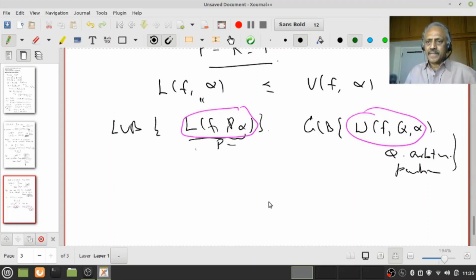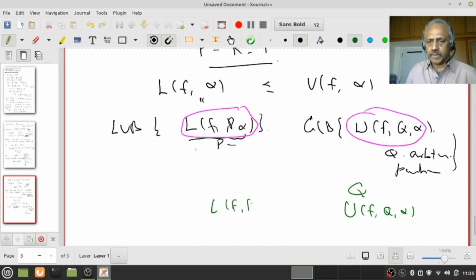This is more general for LUB and GLB. Again, I might have done it in the video on upper bounds and lower bounds, but I will go through this in this context quickly. Fix one Q. Let us look at U(f, Q, alpha). For every P, we know that L(f, P, alpha) is less than or equal to this. So what does it mean?